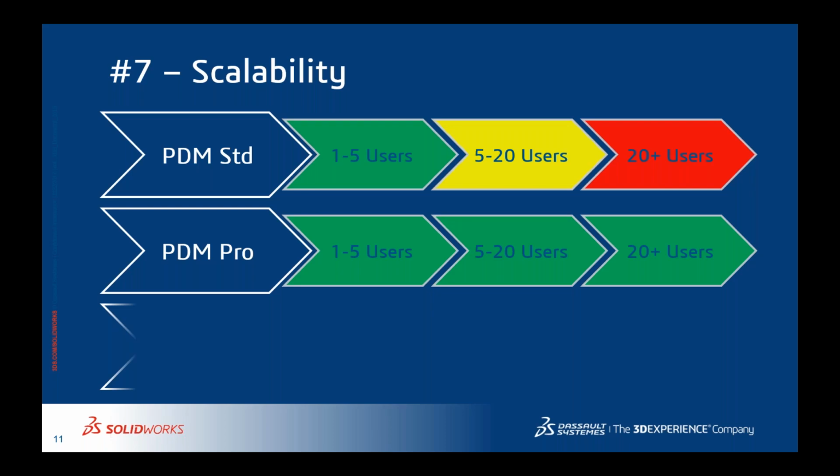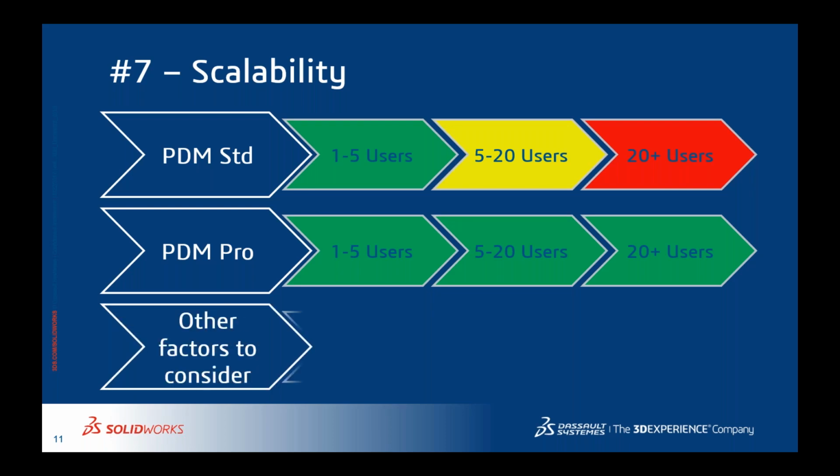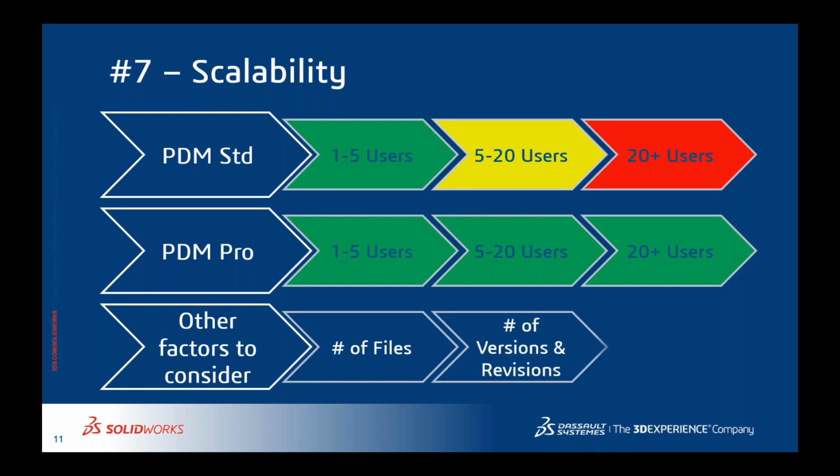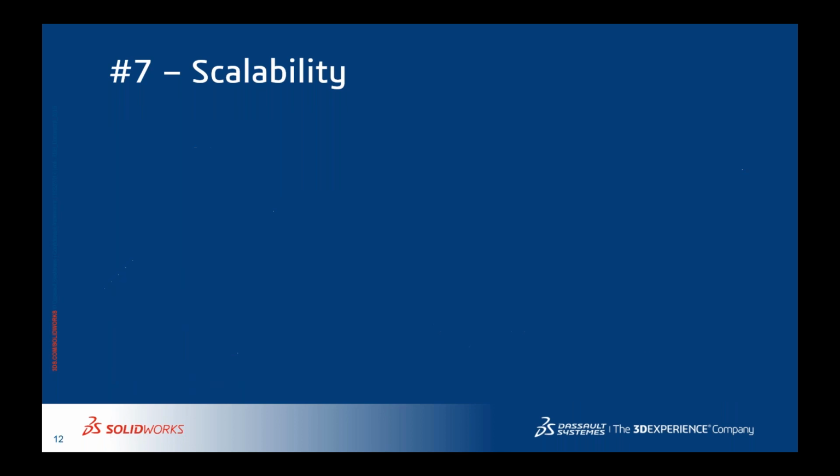The reason we like to talk about users is, one, it's an easy idea to get your head wrapped around, but ultimately what really starts to affect performance is the number of files that you're adding to the vault, the number of versions of those files that are going to be created, and subsequently the number of folders.